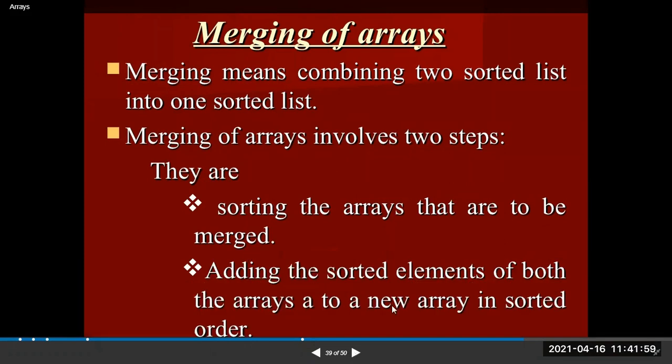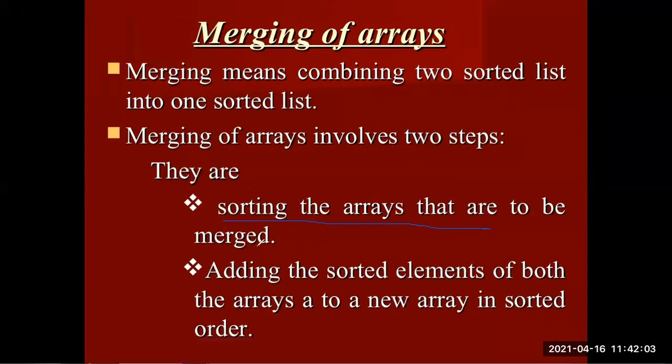Okay. First you have to sort the arrays that are to be merged. So those elements you want to merge, first you have to sort that array, then add the sorted arrays into a single one, we call it merging. Adding two arrays, we call it merging.